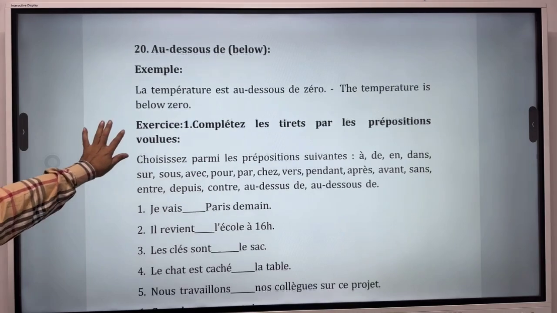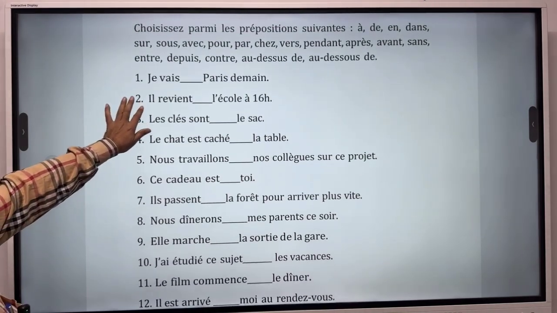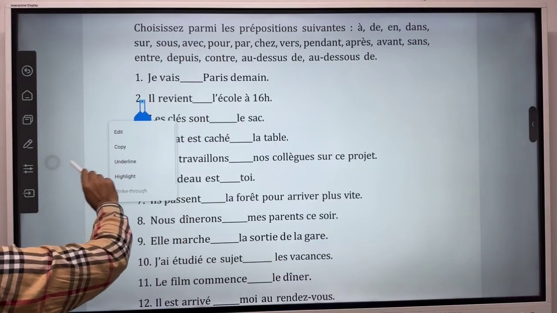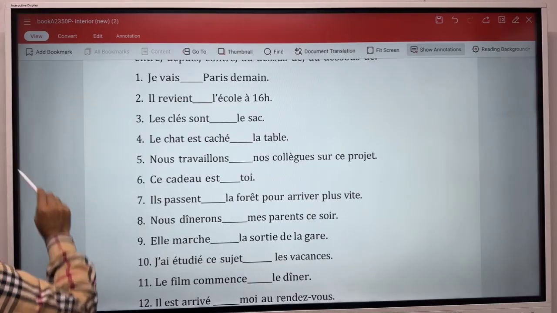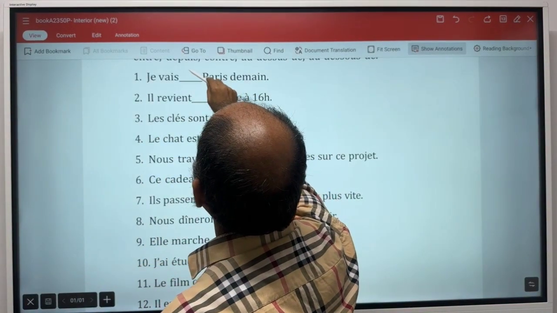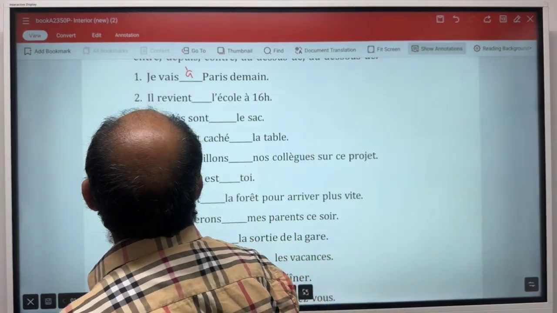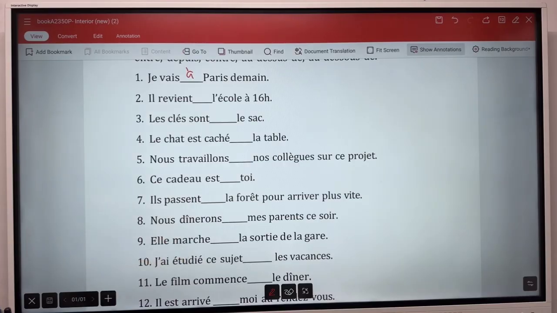Now, we are going to do the exercise by using the prepositions that we have studied up to now. So, let's see what are the prepositions that we have used. So, like, je vais demain. So, here it will be, je vais à Paris demain. Elle revient de l'école à 6 heures.